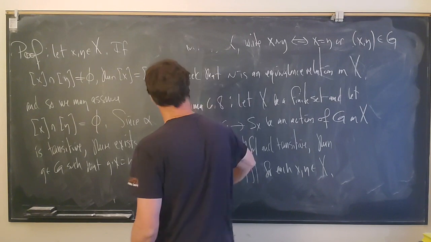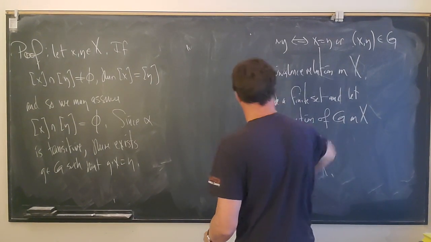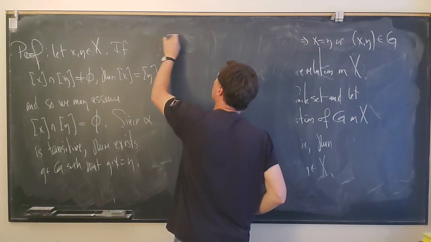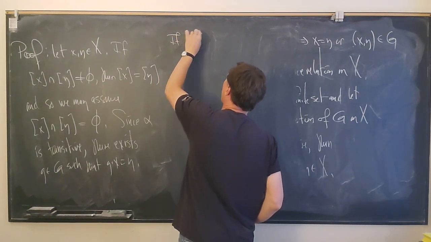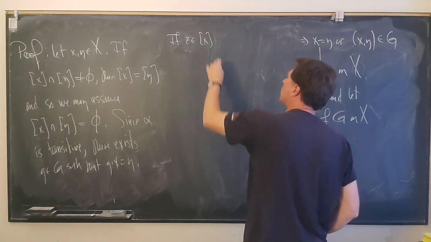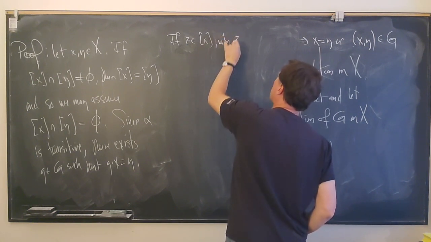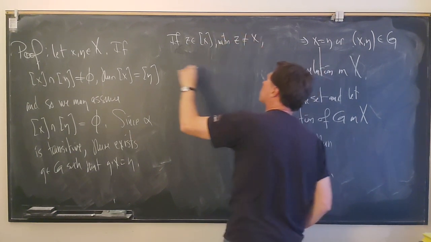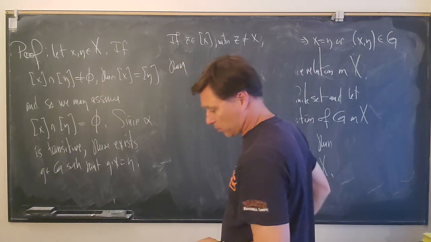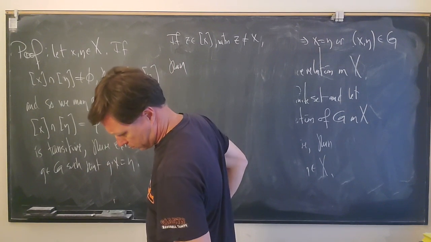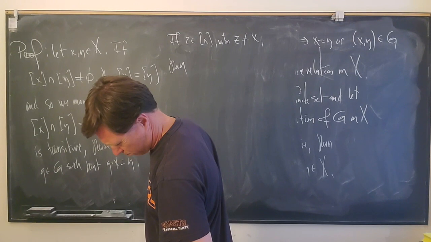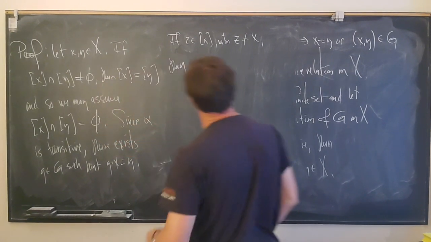Now, okay. So if z is in the equivalence class but not equal to x, then... Oh, right, but they're equivalent, right?